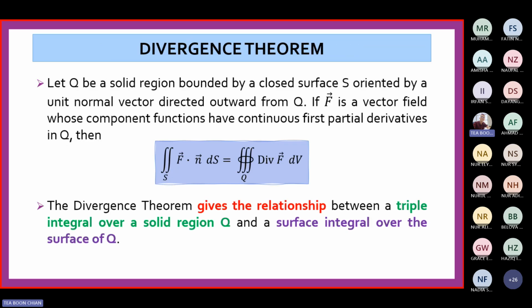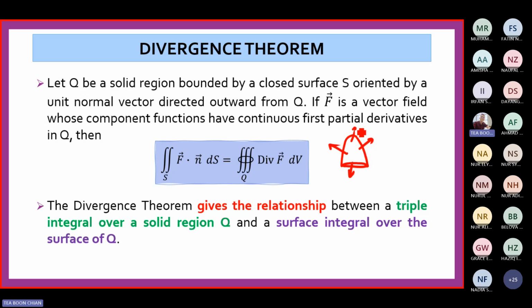All right, so this is just some statements. If we have Q to be a solid region bounded by a closed surface S, oriented by a unit normal vector pointing outward from Q, this is just theoretically telling you, if you have a solid, for example a paraboloid, everything is pointing outward.